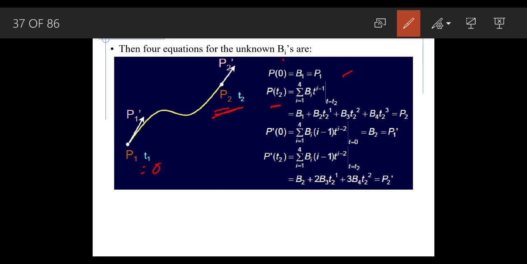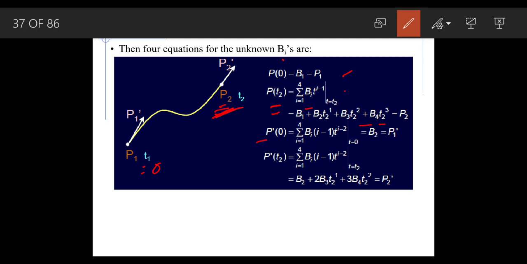What is it? That equation we have written: summation of i equal to 1 to 4 b_i t raised to i minus 1, and that equation we have already seen in the previous slide, that is b1 plus b2 t raised to 1 plus b3 t raised to 2 plus b4 t raised to 3 is equal to p2. So that is the equation for this end point.